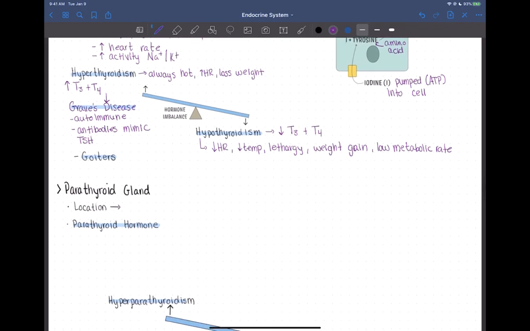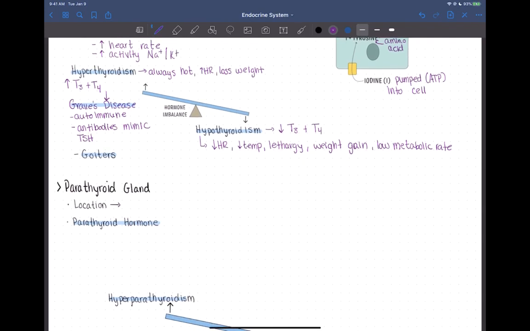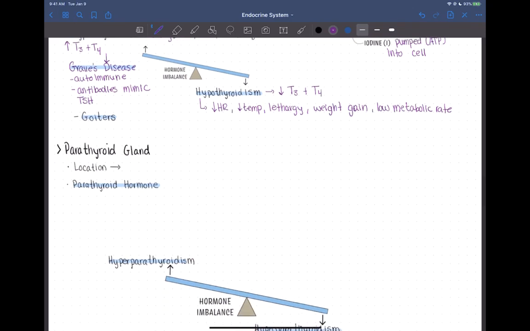Now let's talk about one other condition associated with the thyroid gland, and that is the formation of a goiter. So a goiter is an enlarged thyroid gland. All right, and so the reason a goiter forms is from a lack of iodine in the diet.